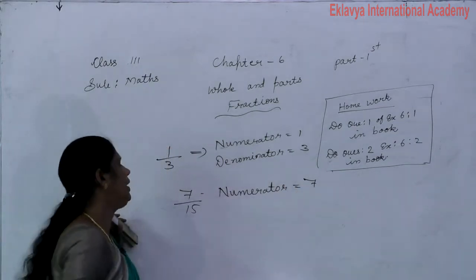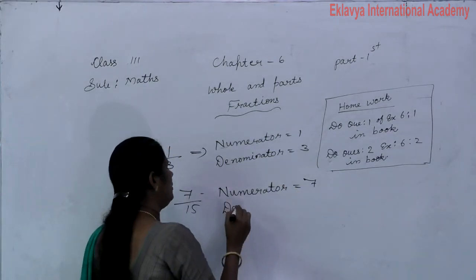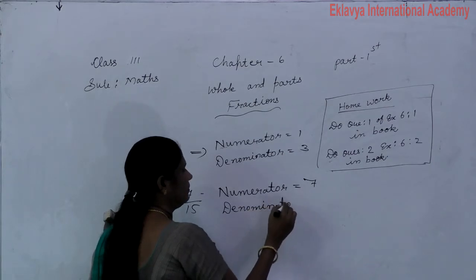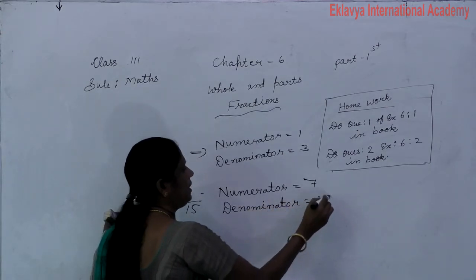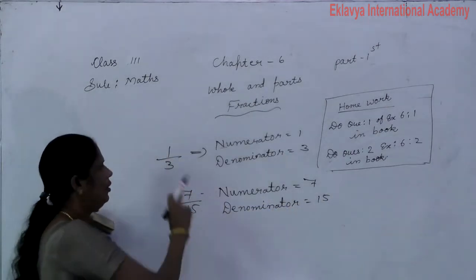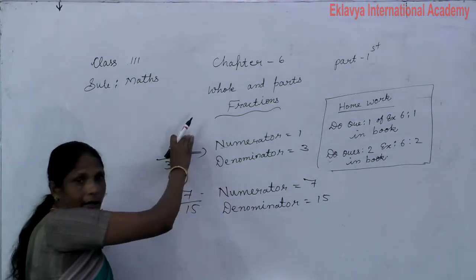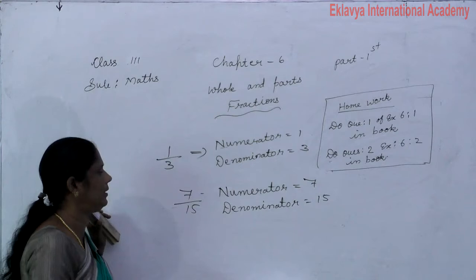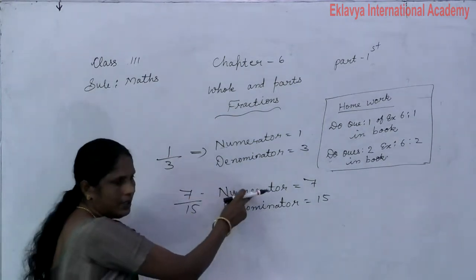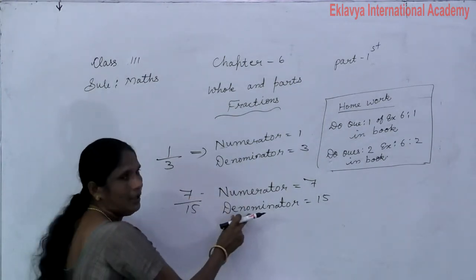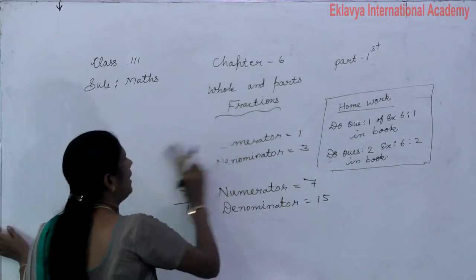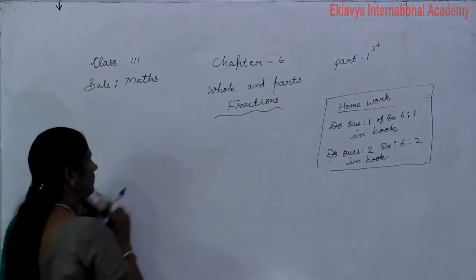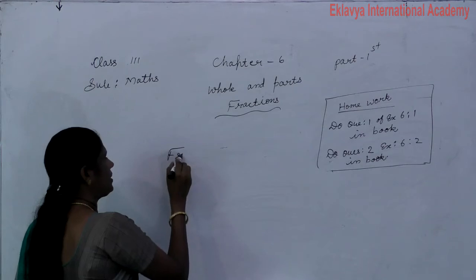Denominator is equal to 15. Understand? Above the line is called the numerator, below the line is called the denominator. Here 7 is the numerator and 15 is the denominator. Then write the fraction.